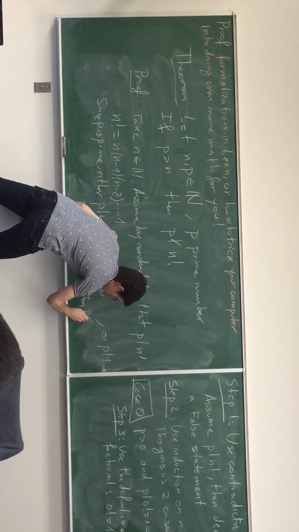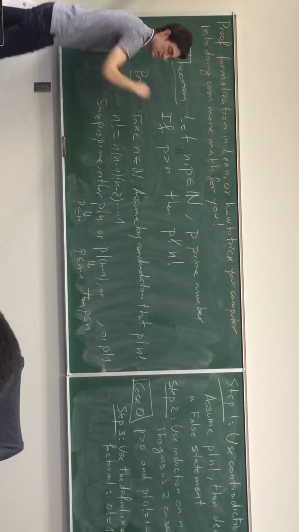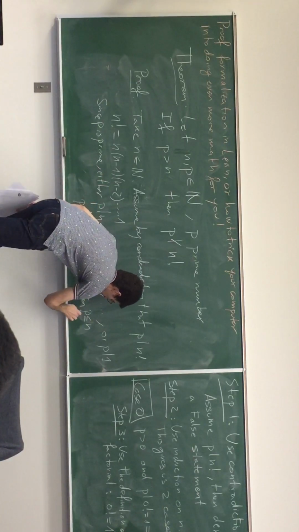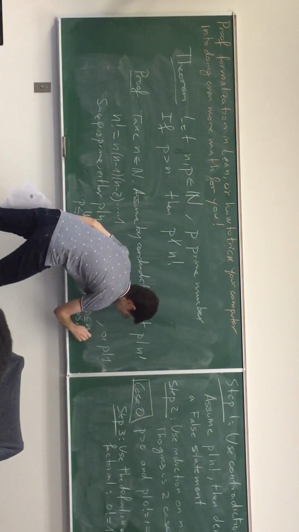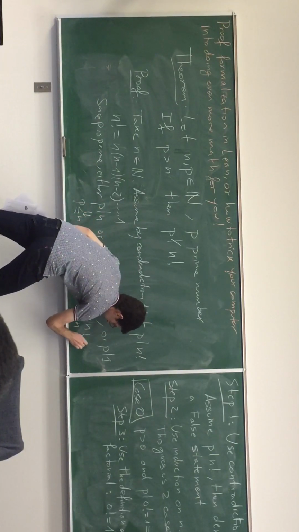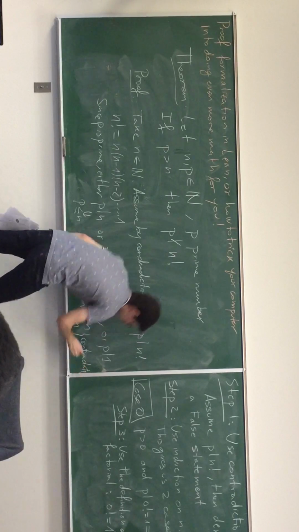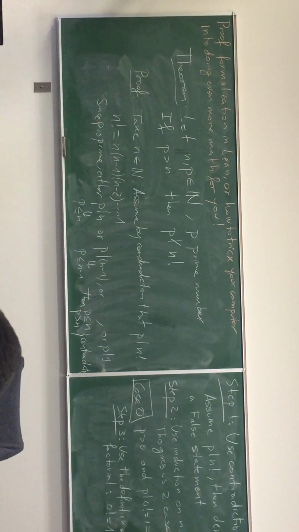Then p is smaller than or equal to n, but this is a contradiction because we were assuming that p is greater than n. So p was greater than n by assumption, so this is a contradiction. Okay, so the statement is proven.